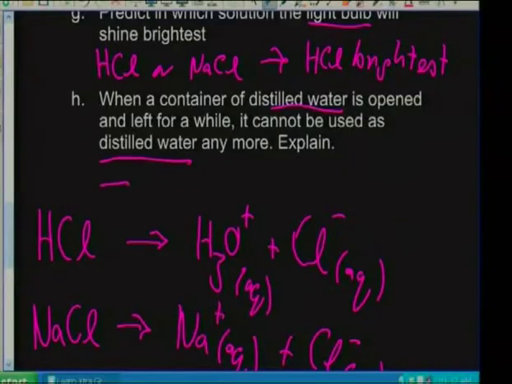And if that happens, we can actually even say this is the reason for the formation of acid rain, and that affects our environment. So pure water, because it's such a good solvent, it will dissolve gases and will then become impure.